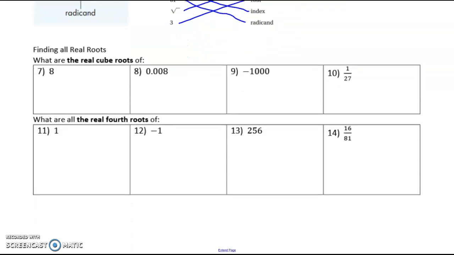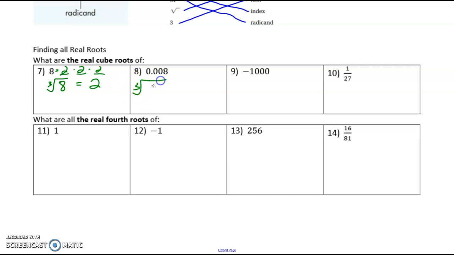All right, what are all the real cubed roots of 8? So what times itself 3 times is 8? So the cubed root of 8 is going to be 2.